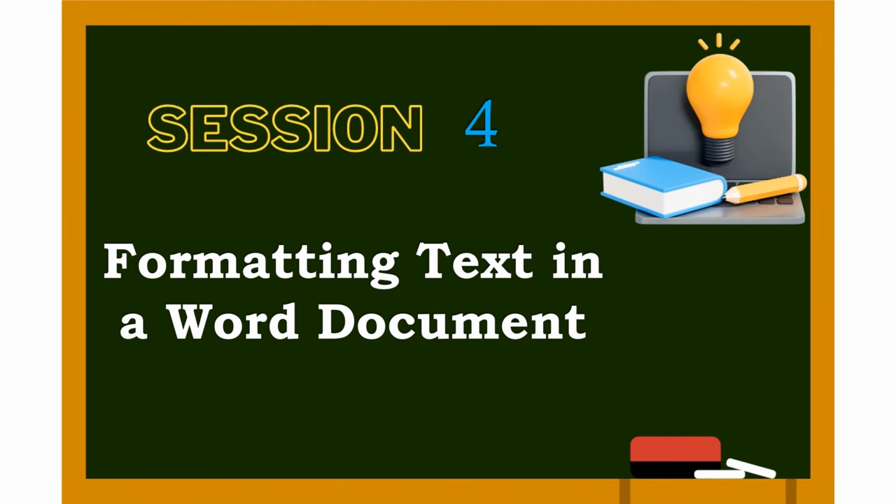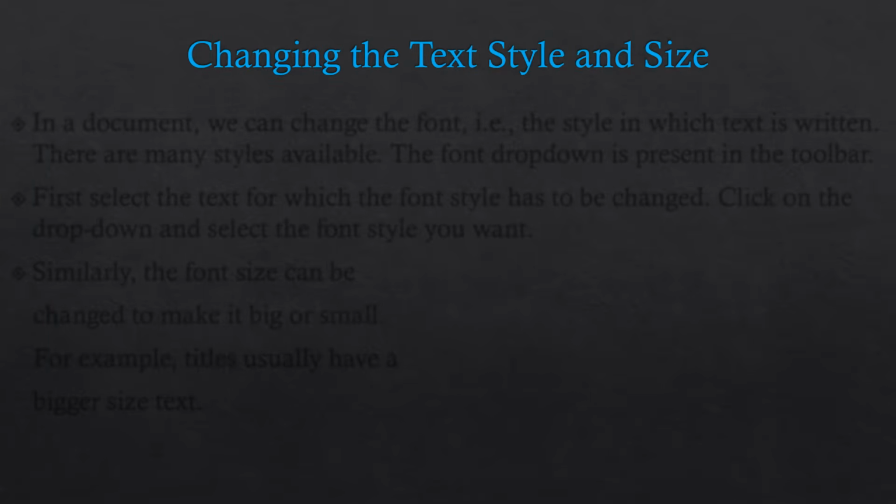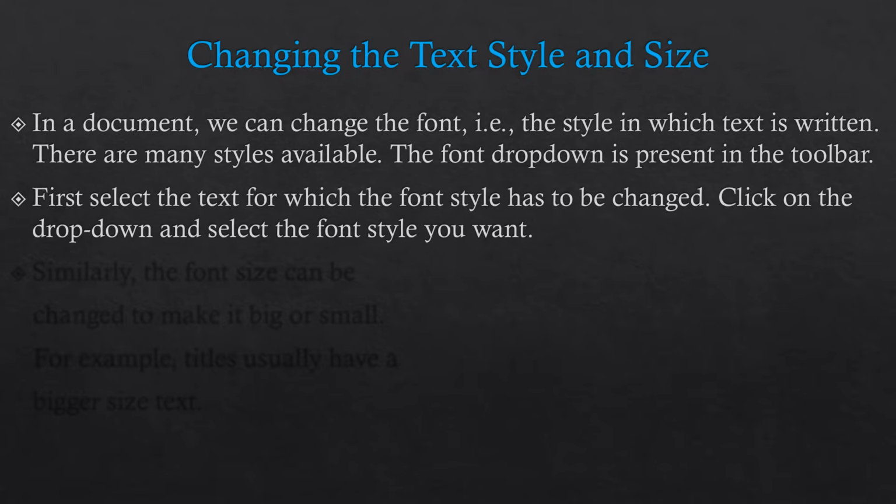Session 4, Formatting text in a Word document. For changing the text style, you can refer to the formatting toolbar where the option is available to change the font. Font basically refers to the style in which the text is written. There are many styles available.